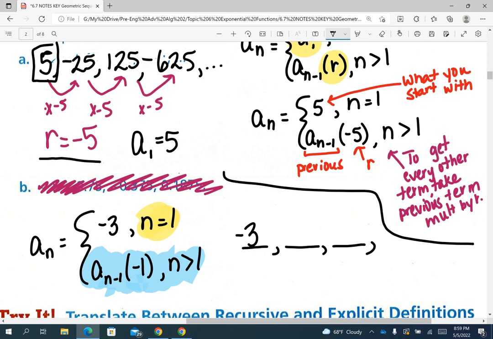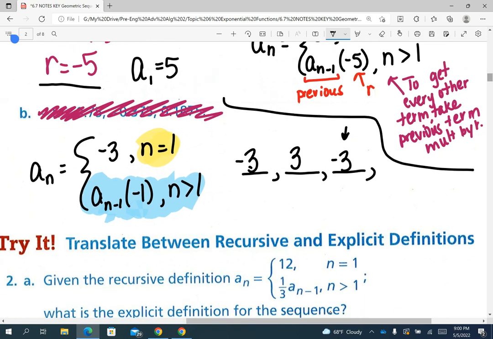So -3 times -1 is -3 times -1 is +3. Then to get the third term, I take the previous term, 3, multiply it by -1, -3, and so on. That's how the recursive definition works.